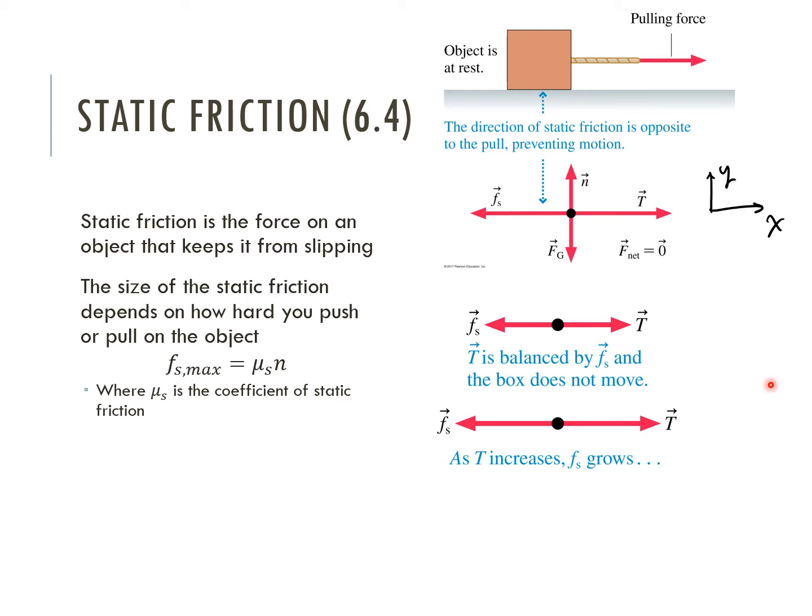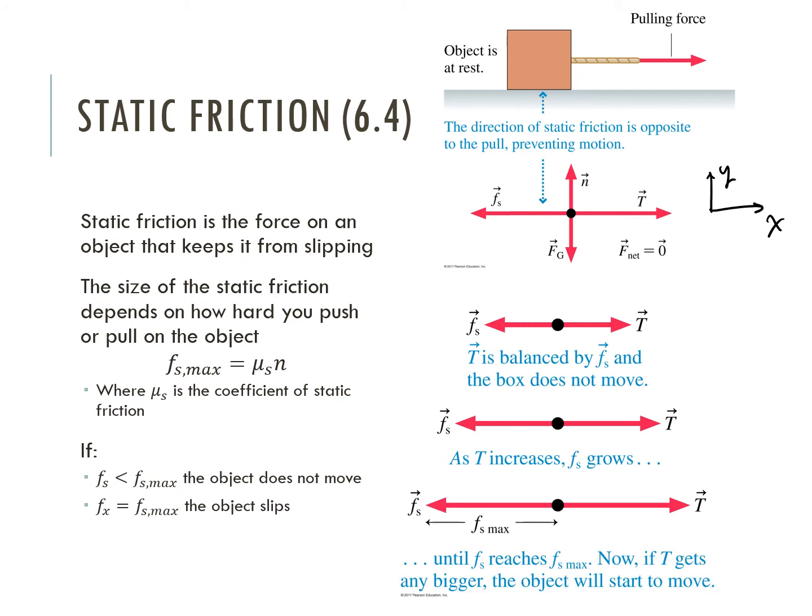So this is the maximum value you can have. So if the static friction is less than the maximum static friction, the object is not going to move. So in the case of this first one here, or even our free body diagram above, our object is not moving, so our static friction has to be less than the maximum value.